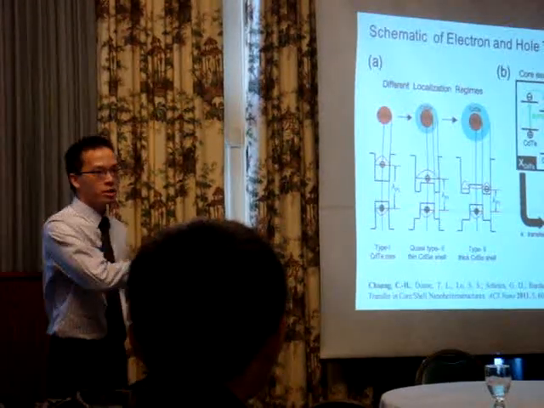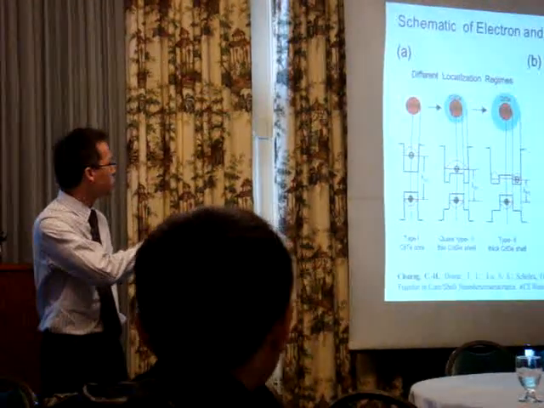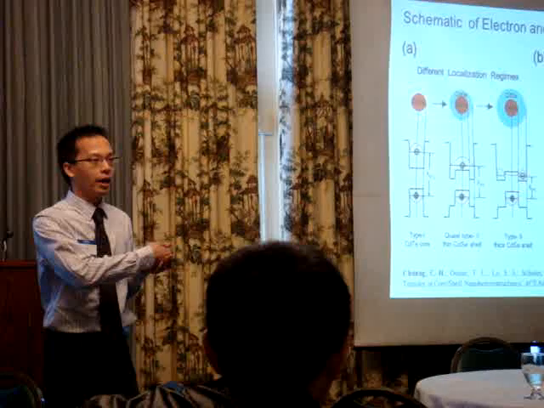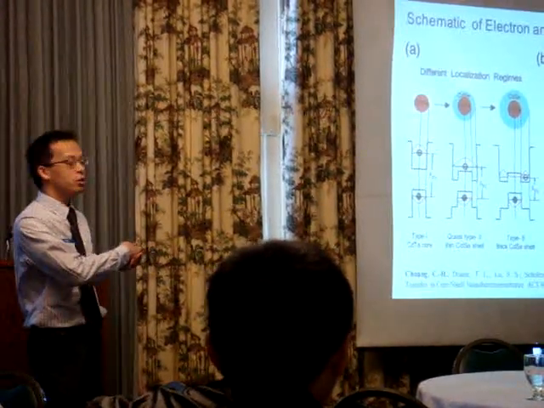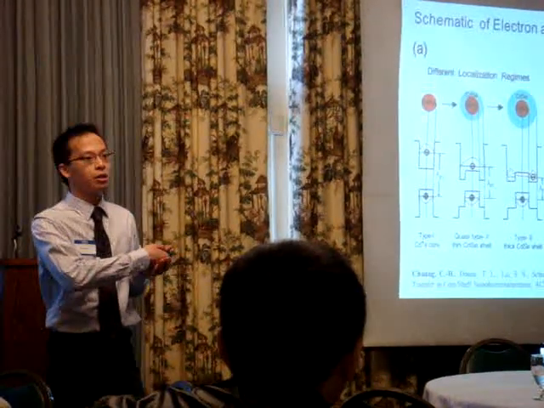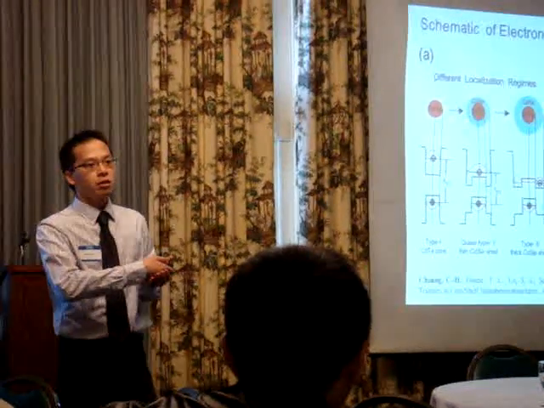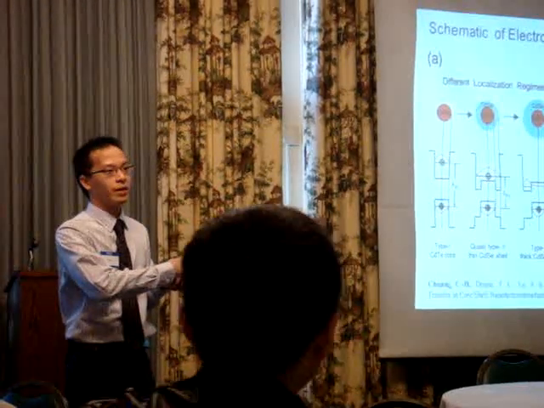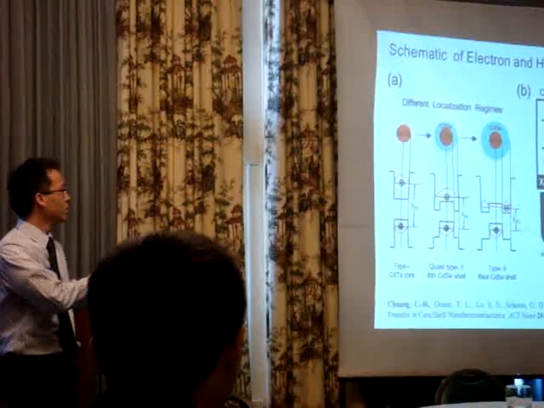We want to study, when we change the shell coverage, how it affects electron and hole transfer through the interface. Does the shell coverage affect electron and hole relaxation? And we also want to know whether there is any change in the quantum yields and the surface passivation as I deposit the cadmium selenide shell on it.